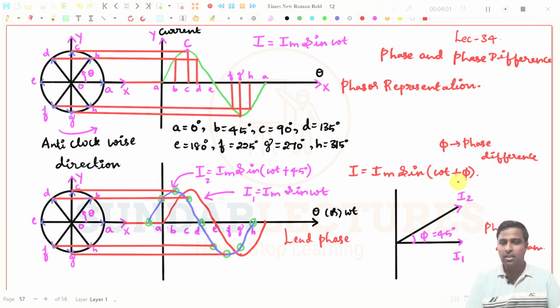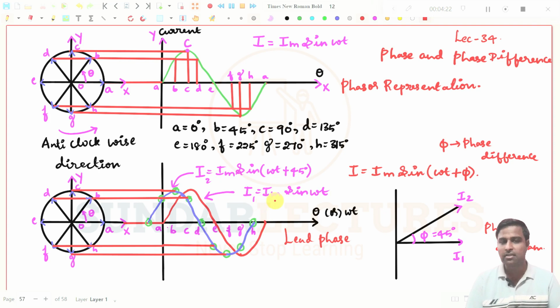If you see a plus phi, compare I1 with I2. I1 is Im sin omega t, which will always be the reference value. We know that your graph will start from this point, come like this and go like this.